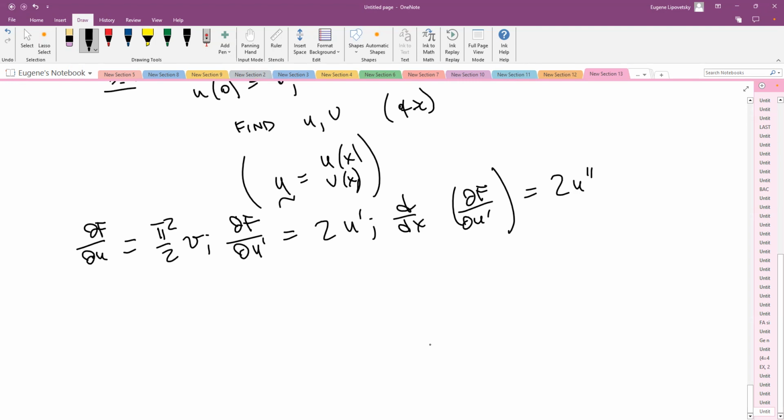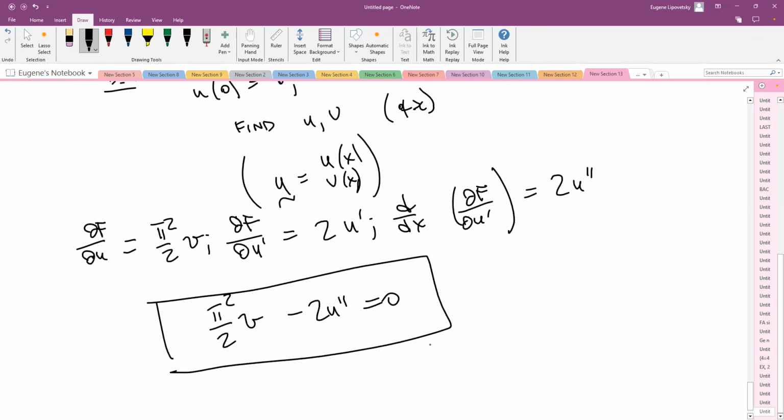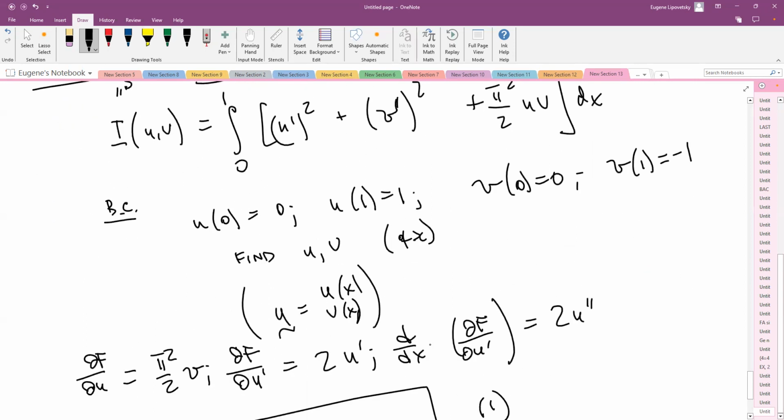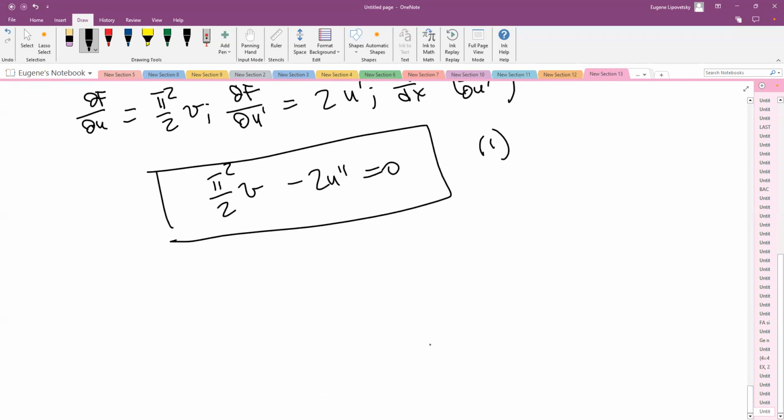Okay, so the first equation will be pi squared over 2 v minus 2 u double prime equals 0. That's equation 1. Now we'll go through the same thing with this one. Since it's symmetric, we get similarly pi squared over 2 times u minus 2 v double prime equals 0.